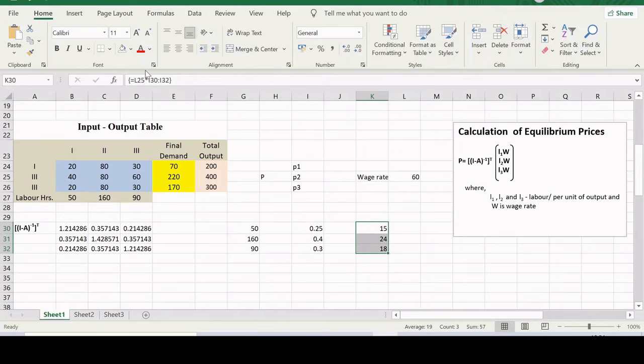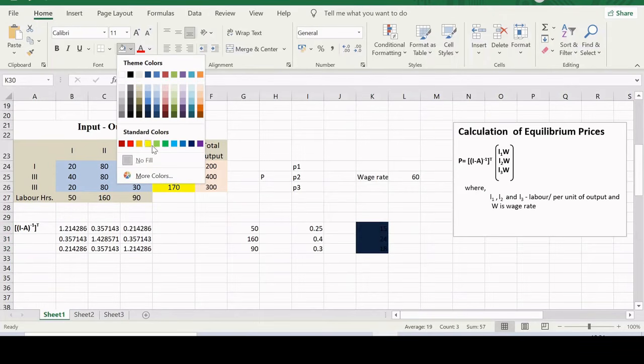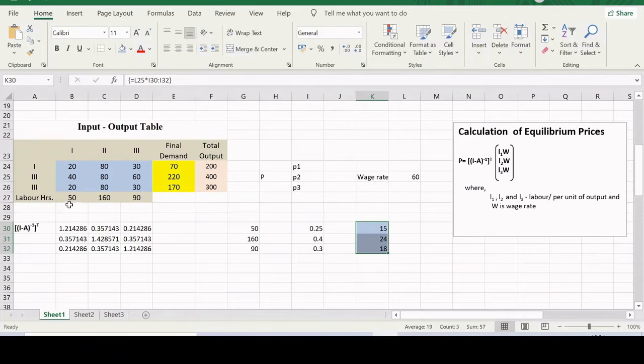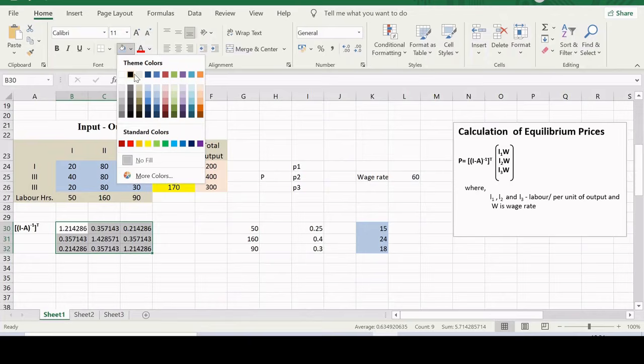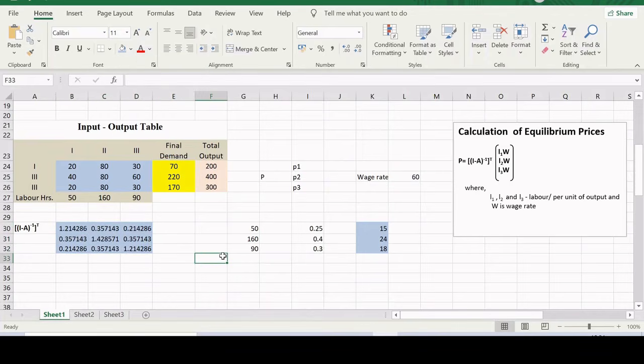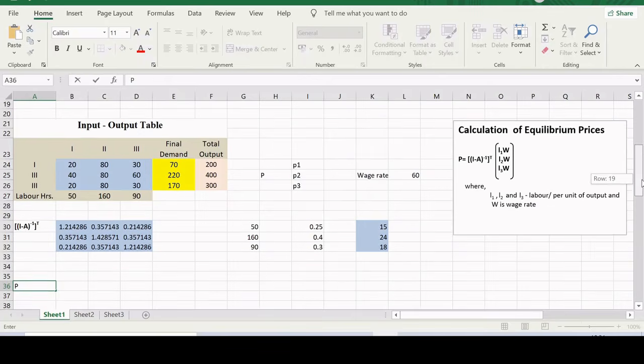Now we have the labor cost per unit of output. We have the transpose of the inverse of the I minus A matrix also. And to get the equilibrium prices, that is P, we can find this by multiplying the two matrices.